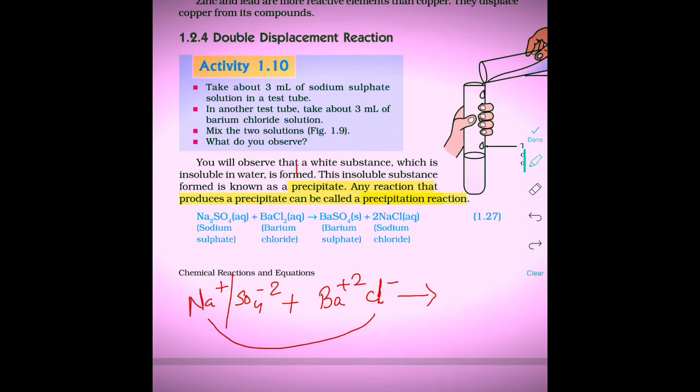So Na will get attached to Cl and SO4 will get attached to Ba. So we get the compound BaSO4 plus NaCl, which shows that Na replaced Ba and Ba replaced Na. So it is a double displacement reaction. The displacement occurred twice, as termed double displacement.